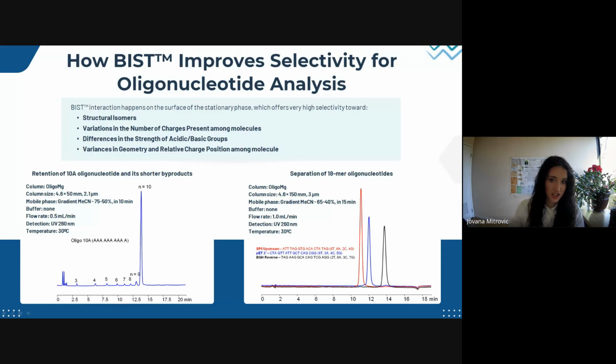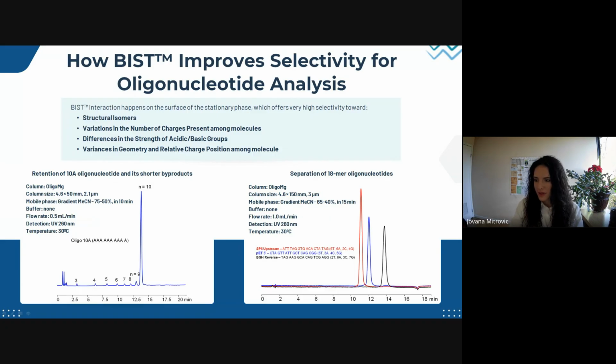Even though they're structurally similar, the OligoMG column is able to resolve them using a straightforward gradient from 65 to 40% acetonitrile in mobile phase. And this shows that the retention is sensitive not just to size and charge, but also the sequence-specific differences, such as variations in base strength and distribution of charge along the chain.